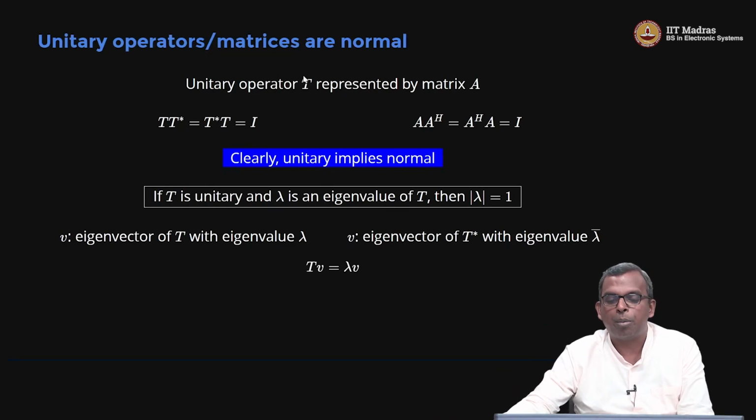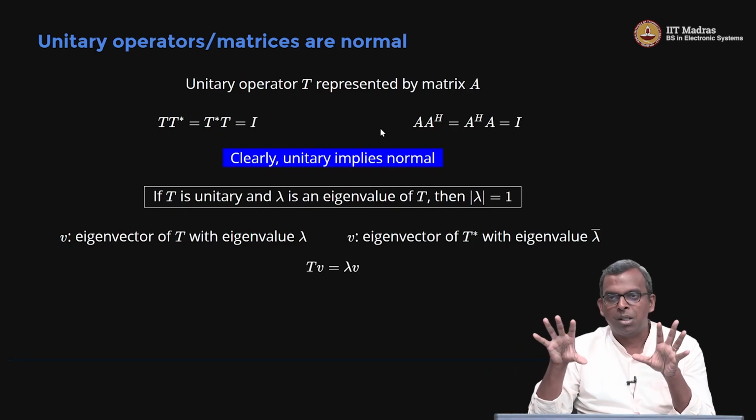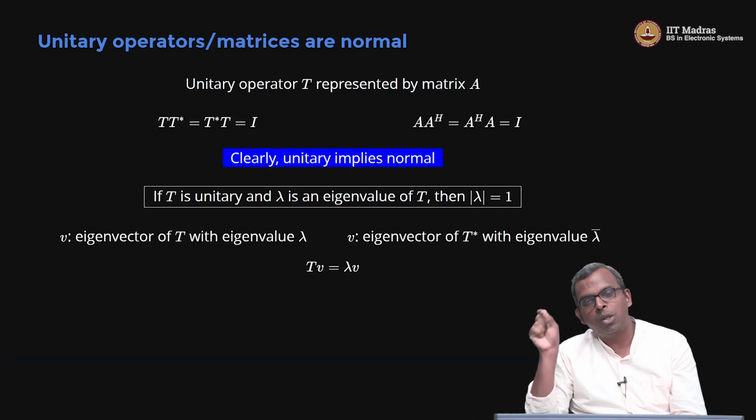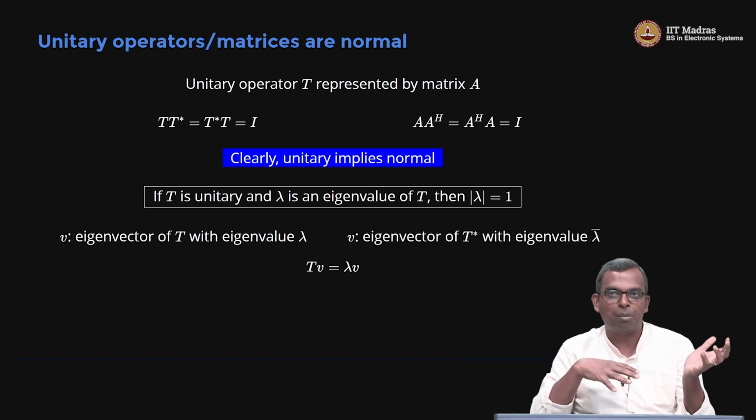If you take a unitary operator T, represented by a matrix A with respect to an orthonormal basis, of course, then T star T is I, and A Hermitian A is equal to I. So clearly unitary implies normal. T T star and T star T are both equal to the identity operator. It's a stronger constraint than normal. Unitary implies normal. Normal doesn't imply unitary.